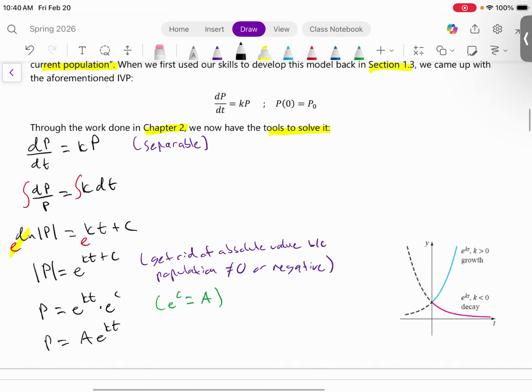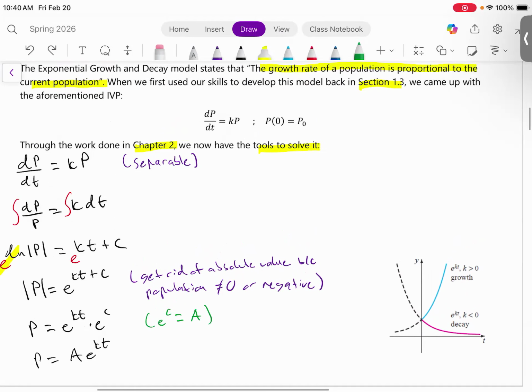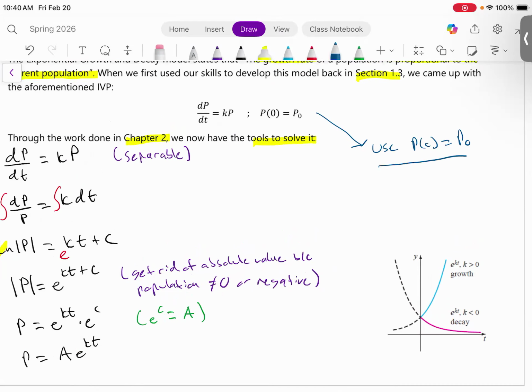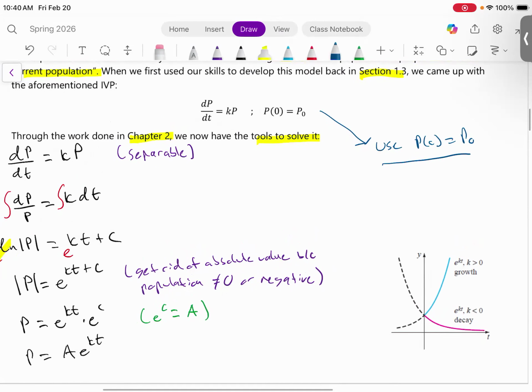Okay, so that is our setup. But remember, we have this initial condition to worry about. What we're going to do now is just plug that in. So let's come back over here. We're going to use this initial condition: at time zero, our population is P naught. And we're just going to plug that into our solution that we just found. So we'd have P naught equals A e to the k times zero.